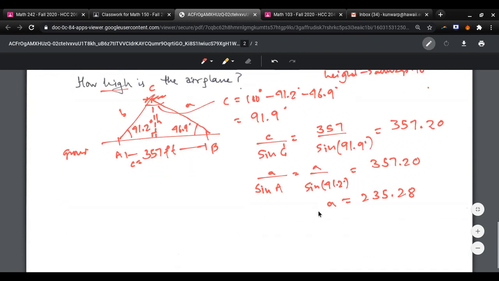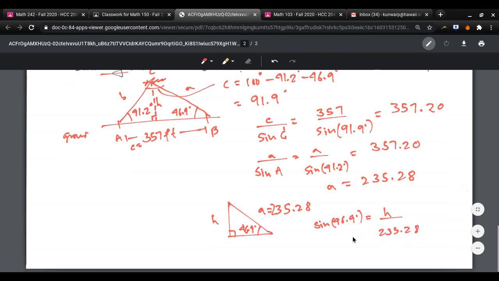But you're still not done because you're trying to find h. So what you have now is a right angle triangle where you have h, and you have this side, which is 235.28, and you know this angle is 46.9 degrees. So sine of 46.9 degrees is h over 235.28.